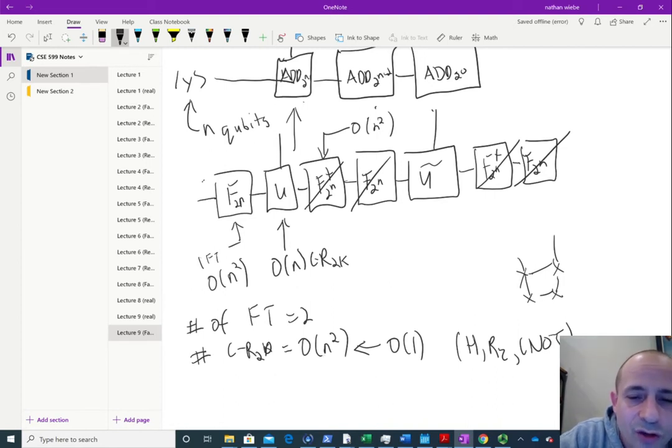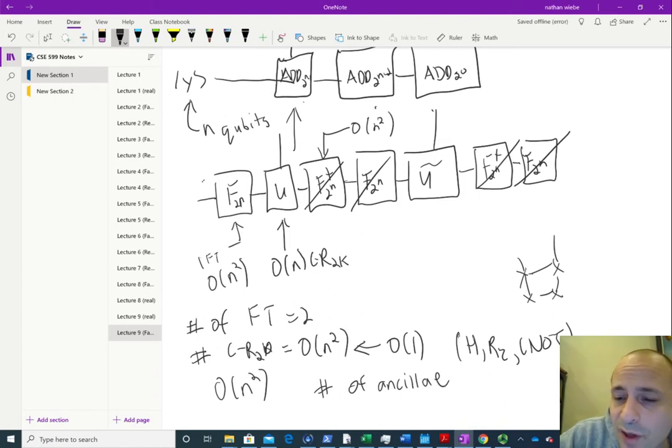And so the total cost of this adder circuit is order n squared fundamental operations. The number of ancilla qubits, now in part it depends on how we end up doing these controlled operations in here, but if we use a trick that you derived in homework 2, it is equal to 0. So there's no extra space required for doing this.